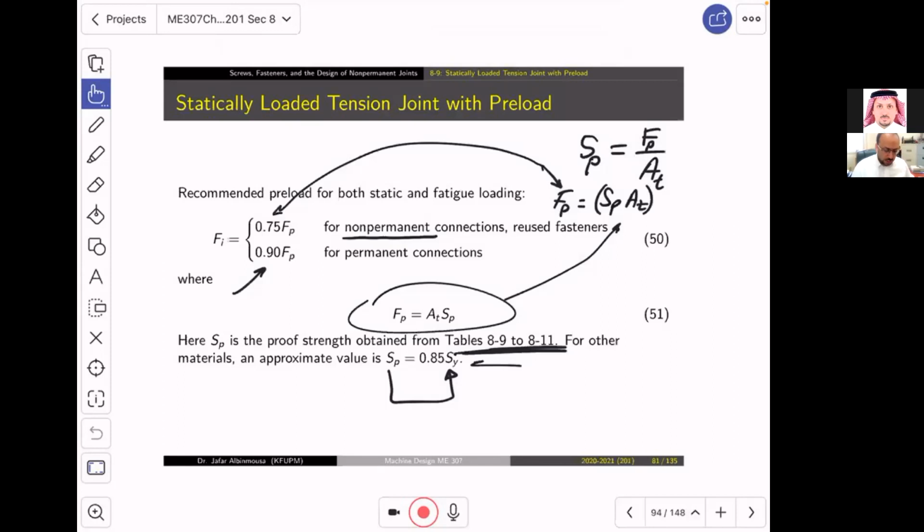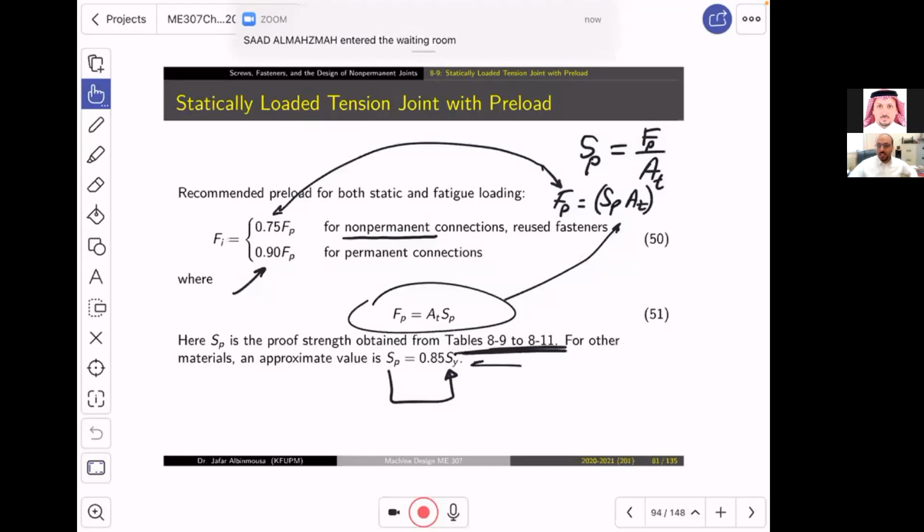How do we find Fp? It is very simple. It is a tabulated value: the multiplication of Sp multiplied by At. If you don't know what Sp is, you can multiply the yield strength of the material from which you made the bolt by 85%, and then multiply it by the tensile stress area.